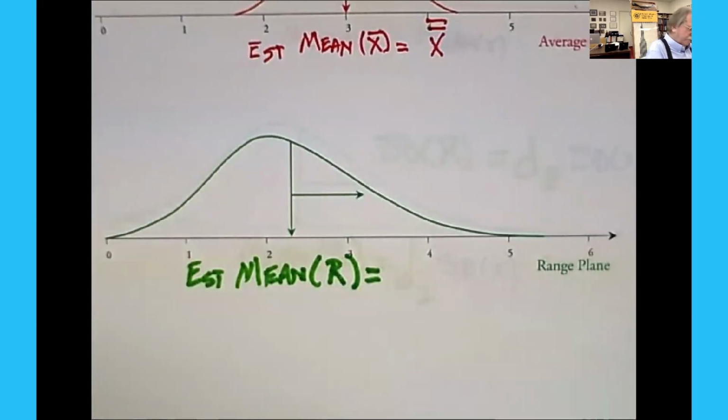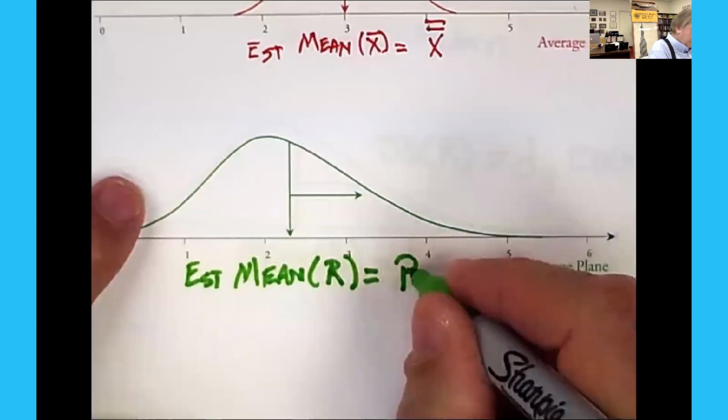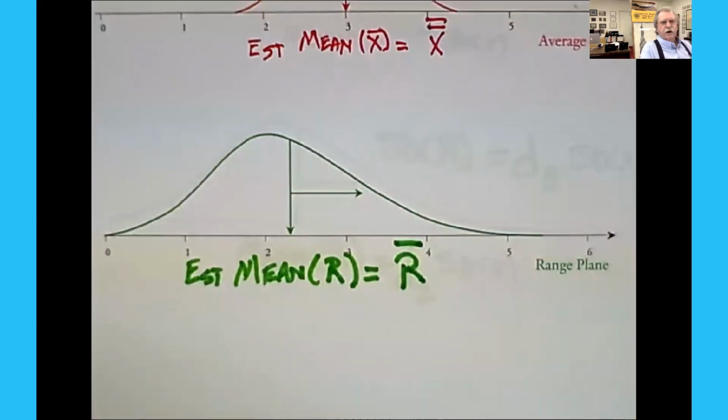R bar. That's the central line on the range chart, isn't it? You want to estimate the mean of the ranges, you use the average of the ranges to do it. Duh. This makes sense.